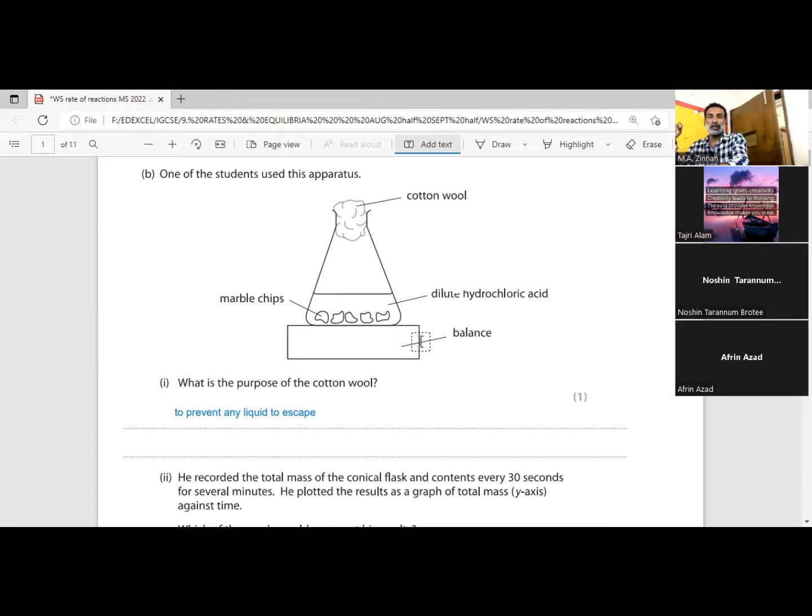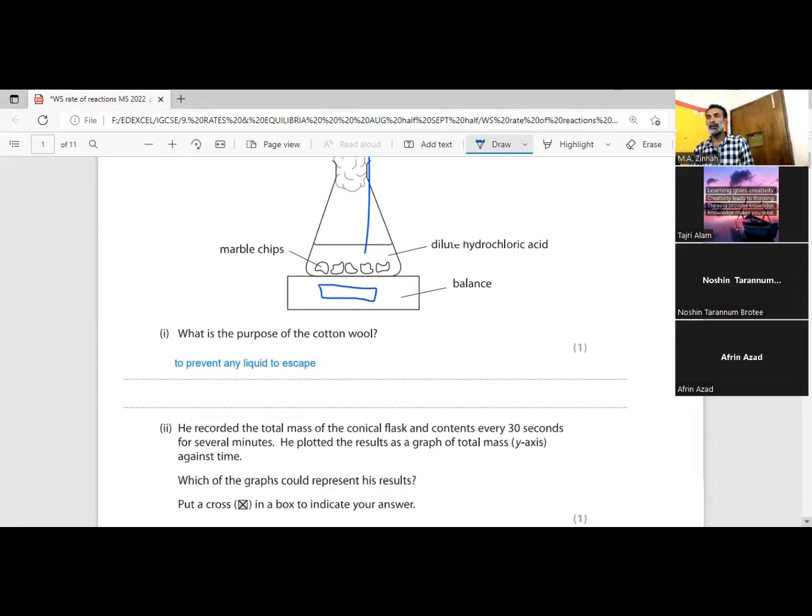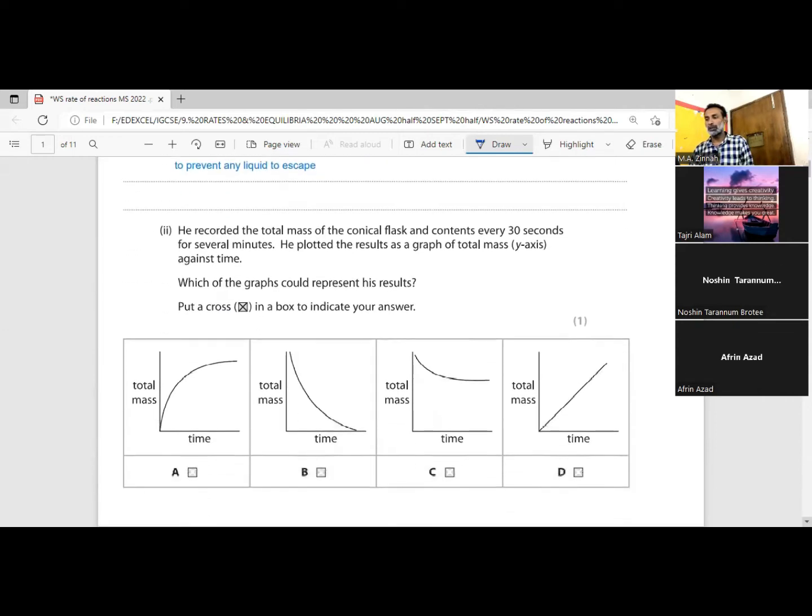The change here indicates the mass of the gas alone. যদি এই গ্যাস ছাড়া আর কিছু চলে যায়, কার্বন ডাইঅক্সাইড গ্যাস ছাড়া অন্য কিছু যদি চলে যায়, তাহলে কি হবে? তাহলে we will consider that as the mass of the gas. কিছু পানি চলে গেল, আমরা still করছি যে that's the mass of carbon dioxide gas. That would be wrong. এই জন্য একটা কটন রুল দেওয়া হয়েছে.